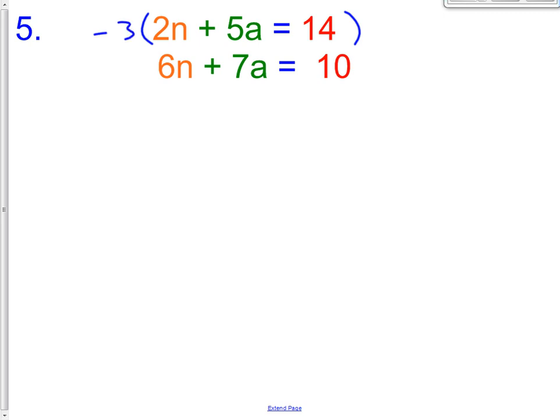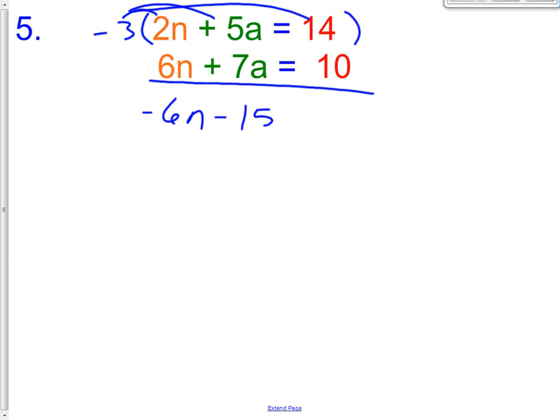That way I'd get a negative 6n, and this is a positive 6n, so now I could just eliminate from there. So I'm not going to change this one at all. This one I'm going to multiply by a negative 3. So I have a negative 6n minus 15a equals a negative 42.